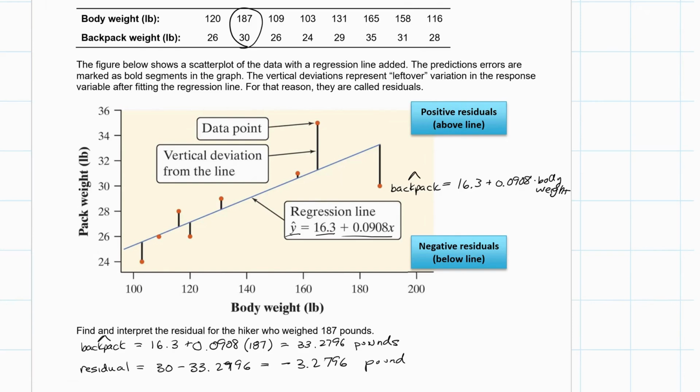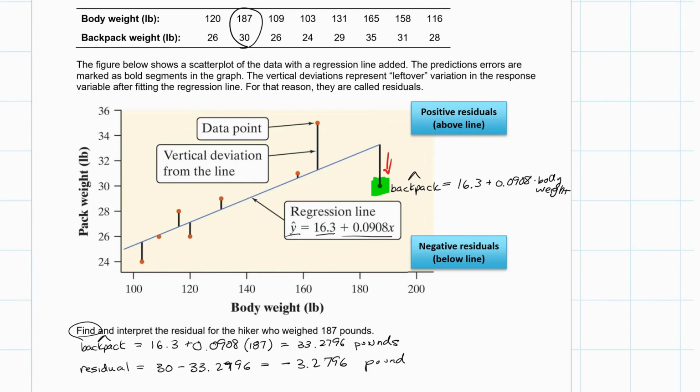Right? So we found the residual. And by the way, that backpacker is that one right there. The negative residual means that the data value was found below that regression line.